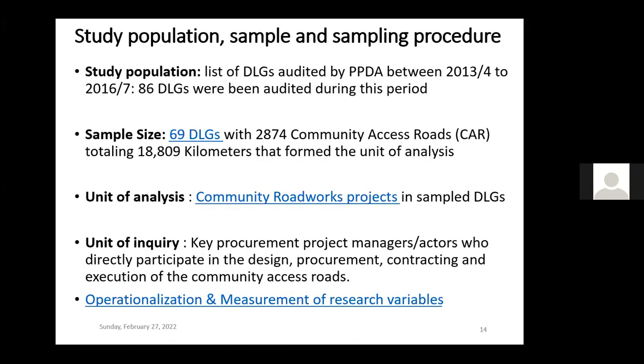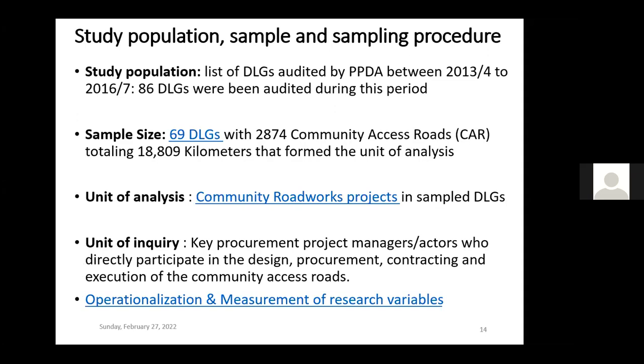Study population, Chair, we zeroed down on the list of district governments that had been audited by PPDA, Public Procurement and Disposal of Assets Authority, between 2013-14 to 2016-17, and out of these, 86 district governments had been audited. And using a management formula, it gave us a sample of 69 district governments with the 2874 community access roads, totaling to 18,809 kilometers that formed the unit of analysis.